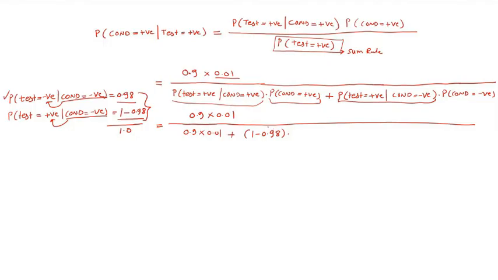Since only 1% of the population is having this problem, I write here 1 minus, actually I should write 1 minus 0.99. Sorry, 1 minus 0.01.